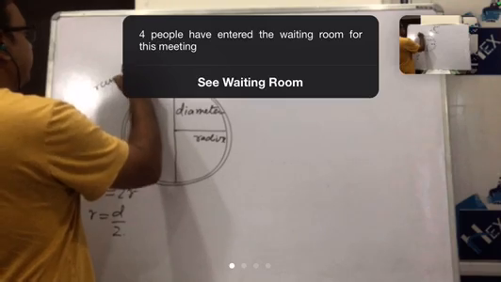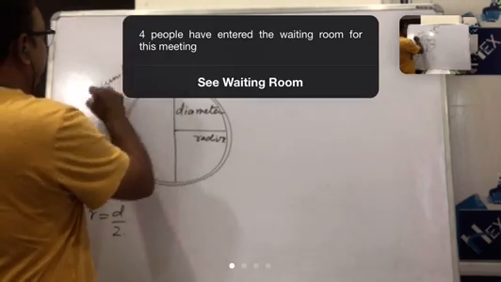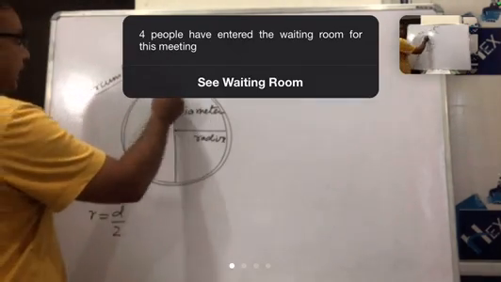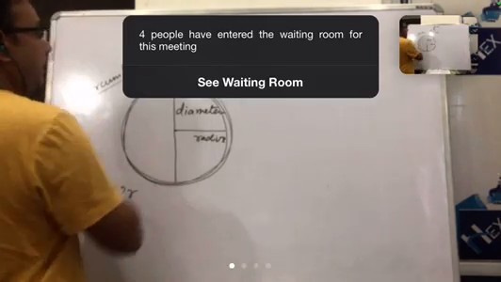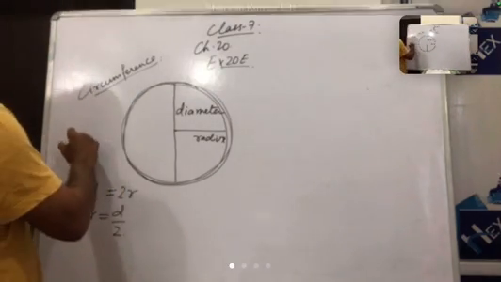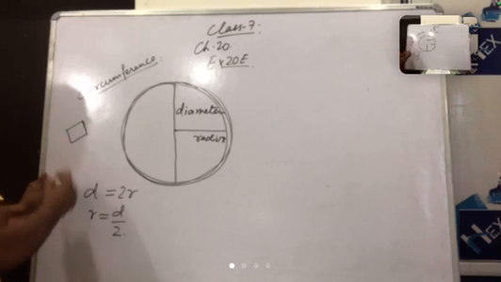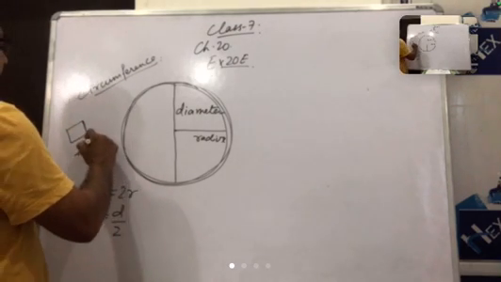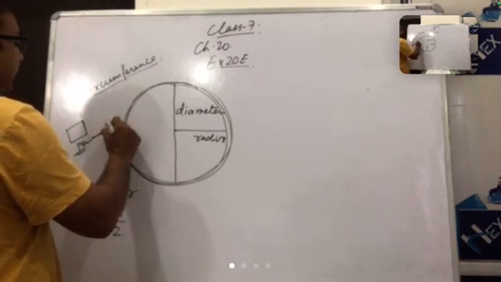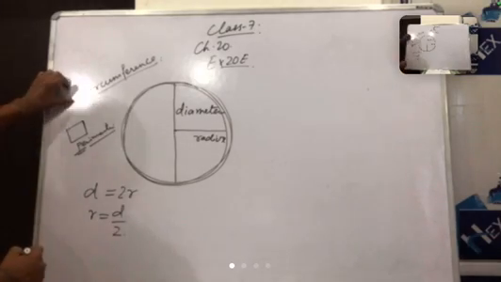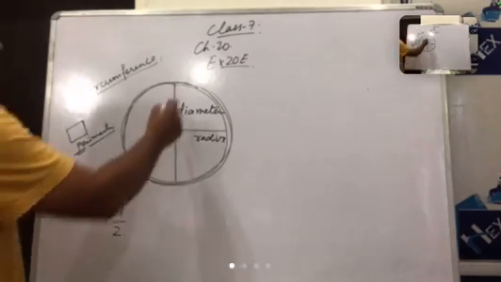Circumference is basically, in other figures, meaning other than a circle, we can say the perimeter, but in a circle we use the circumference because this is a circular region.